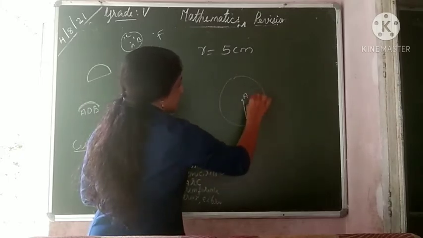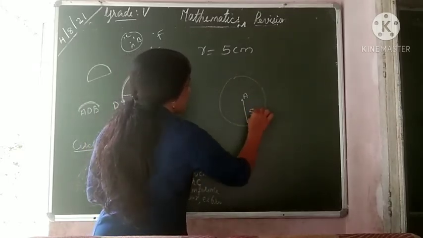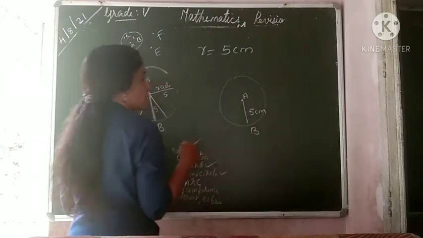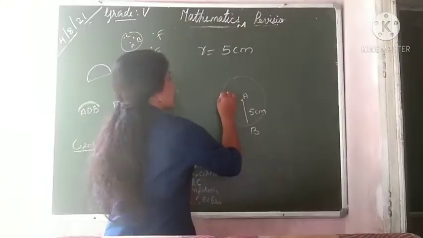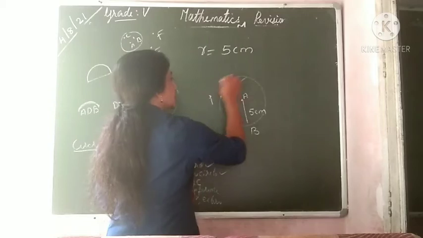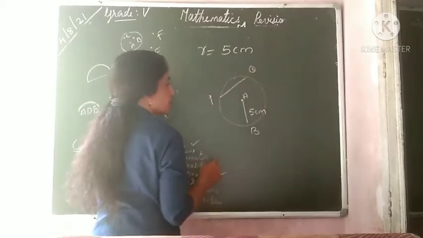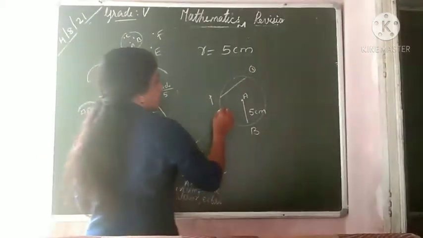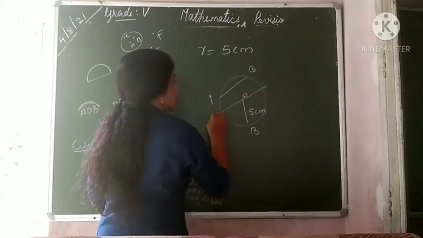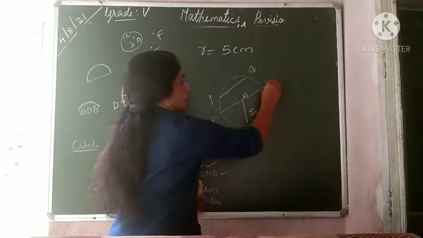Name it A, B and write 5 cm. If the question asks, also draw one chord and give it another name. Sometimes draw a diameter also, and you can name it F.